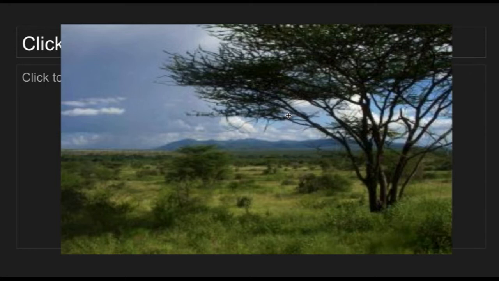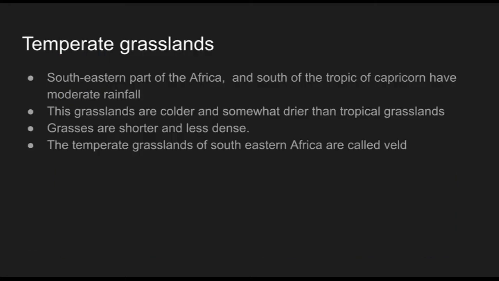We can see savanna in the southern part of the equator in Africa. Another type of grasslands is temperate grasslands. What is the speciality? Come to the southeastern part of Africa, south of the Tropic of Capricorn, where we have moderate rainfall. It is not heavy rainfall, only moderate rainfall.